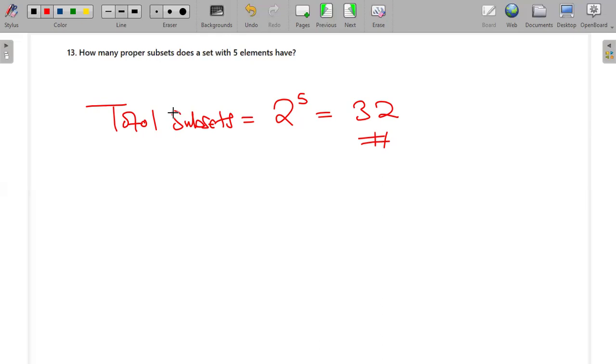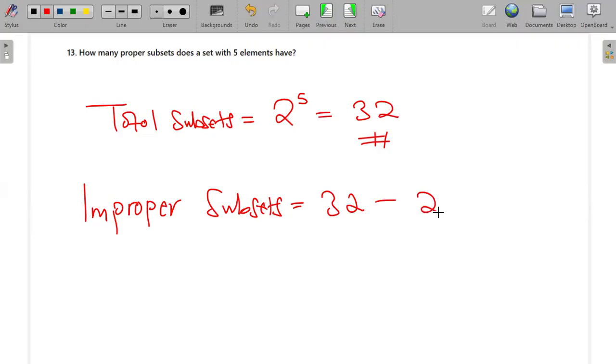So of any total number of subsets that you have, 2 of them are going to be improper, and the rest are going to be proper. So I'm going to say proper subsets is equal to the total number of subsets, always subtract the two that are improper. So these two here are the empty set and the set itself.